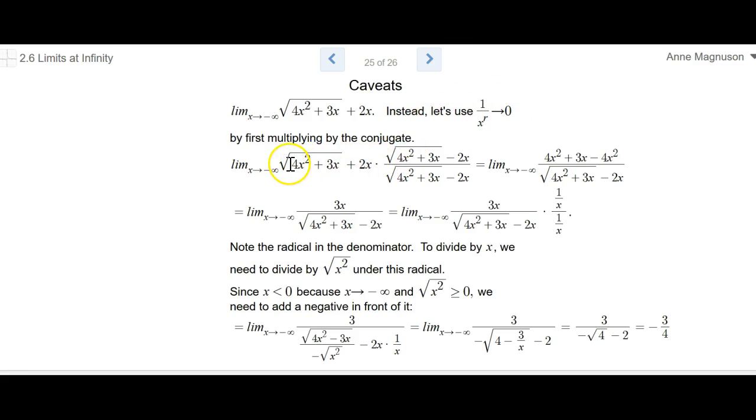So as is often the case when you have a radical plus another term, we are going to multiply by the conjugate. So we're going to multiply by 1 in the form of the numerator and the denominator of a function being the conjugate of this guy that we're given.